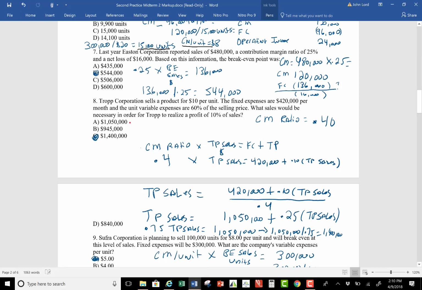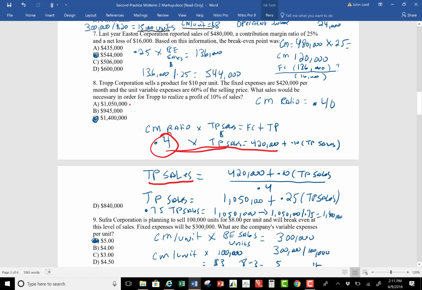The way to do it would be to divide each side by 0.4. So I'm dividing each side by 0.4. That means target profit sales is equal to 420,000 plus the 10% of the target profit sales.